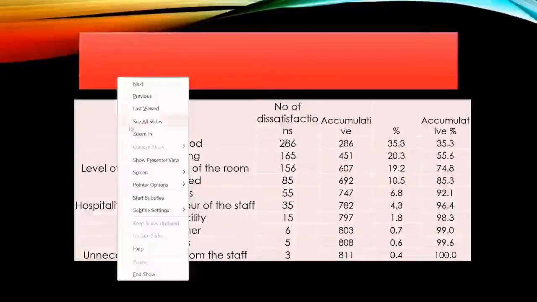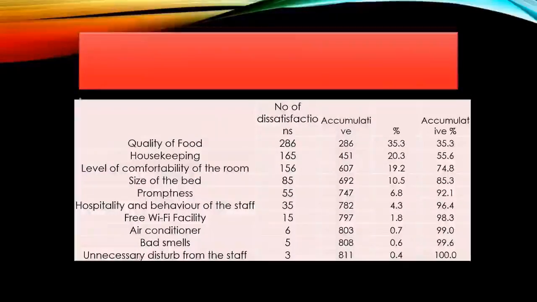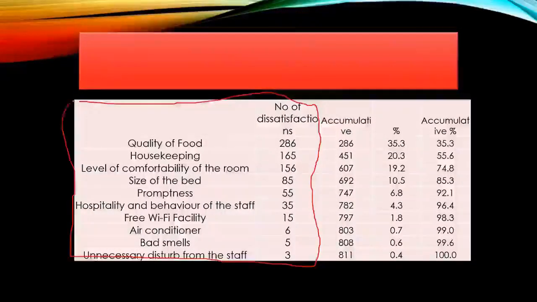Those are the information that you are going to use to draw the bar chart according to the sequence of descending order. You are going to show the factors in this diagram.